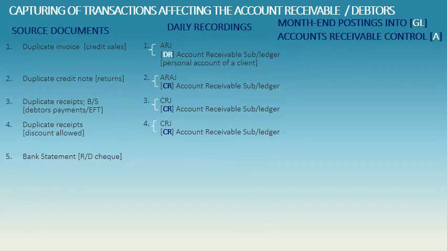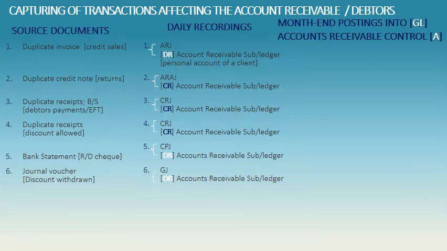The bank statement for RD checks, the unpaid checks returned by the bank, will be recorded in the cash payment journal and immediately debited in the accounts receivable in the subsidiary ledgers. Journal voucher for discount withdrawn on the RD check will be recorded in the general journal and immediately debited to the accounts receivable in the subsidiary ledgers.